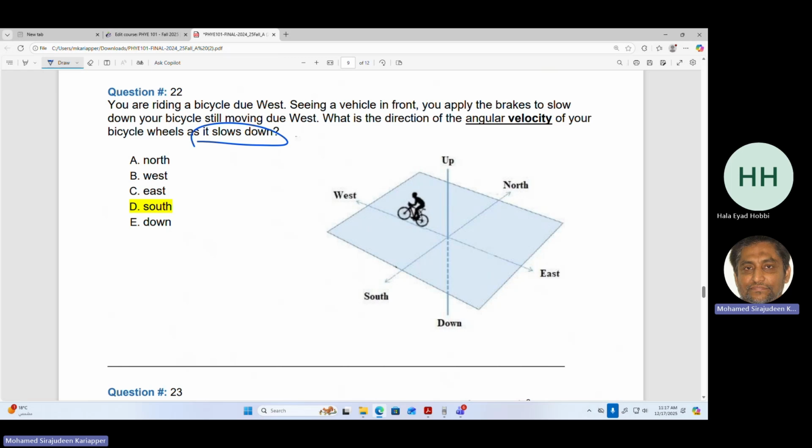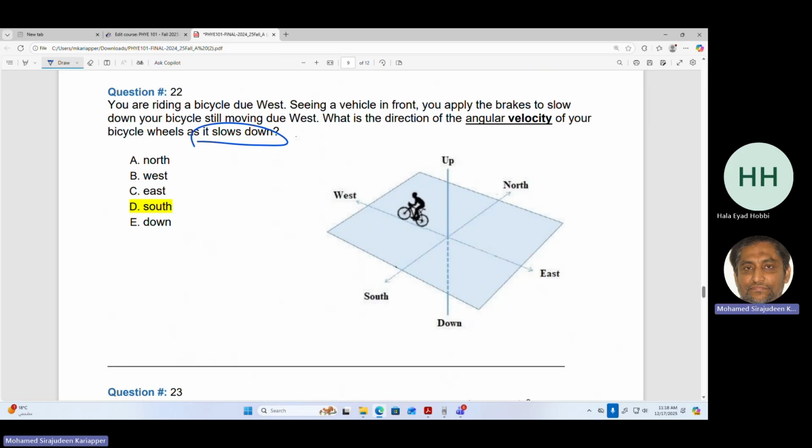It only matters if the question is about acceleration, right? If you are moving in a certain direction, the left side is the direction of the angular velocity. So if you are going west, the left of west is south. You should be able to do it.